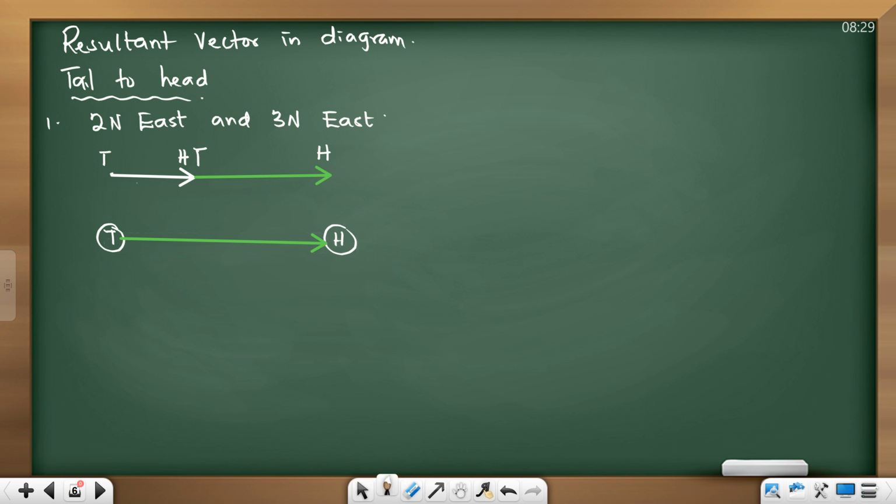And if you notice, 2 newtons, 3 newtons, in total, 5 newtons. Does that make sense? This is grade 10. We did all of this in grade 10. Are we okay?